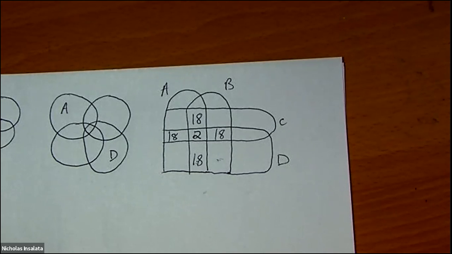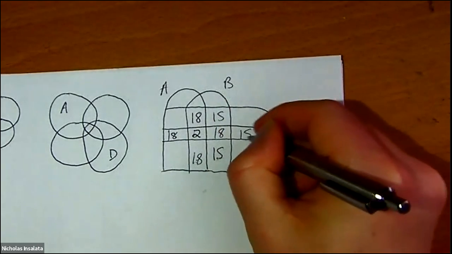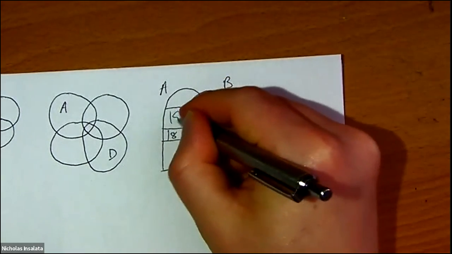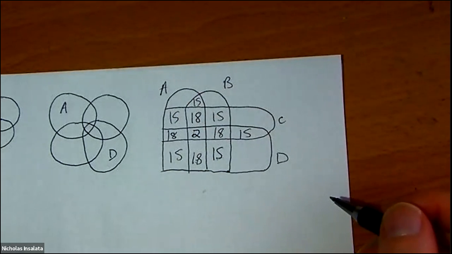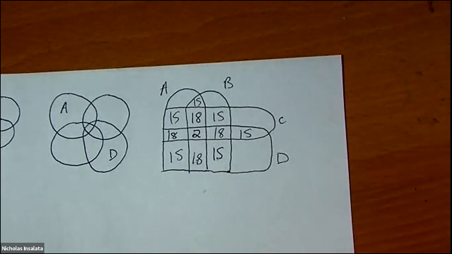Okay, so 53 minus 18 minus 18 minus 2. So how much is that? That's 51 minus 36, which is 15. So 15 in here, 15, 15, 15, 15, 15. Okay, good. And then how much is going to be in each of the single sections?